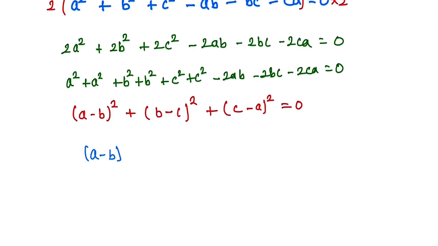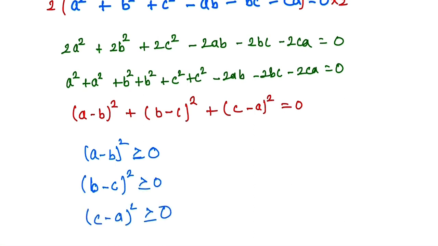So each of (a minus b) whole square and (b minus c) whole square is greater than or equal to 0. So we can write a is equal to b, b is equal to c, and c is equal to a.